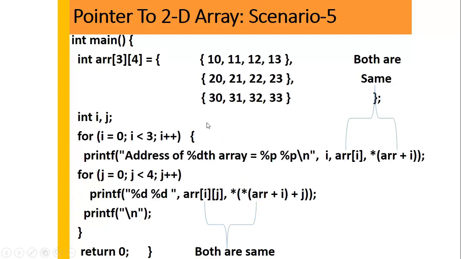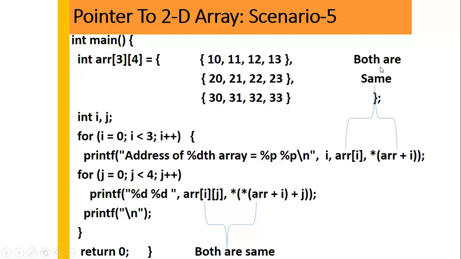Now let's try to understand with the help of a code, right? We declare a 2D array of size 3 by 4. There we have 3 rows and 4 columns, right? We try to print the address of the I-th row, that is first, second and third. The first is going to print the same address by this or by this.